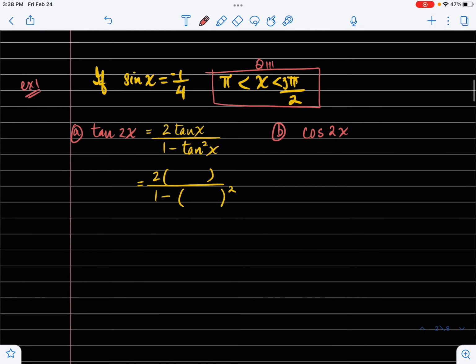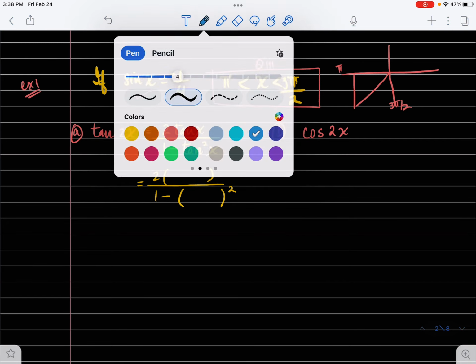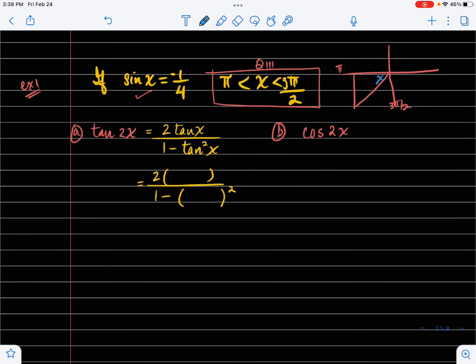So when I go look back at the question, I've been given the sine value for that x angle, not the tangent value. That's when I'll go in and create the triangle. This triangle is in quadrant 3, like I said, because that's pi and that's 3 pi over 2. So I carefully go ahead and finish it. Call it angle x. Sine is opposite over hypotenuse. Hence, I carefully use the Pythagorean theorem, which will be 4 squared minus 1 squared.